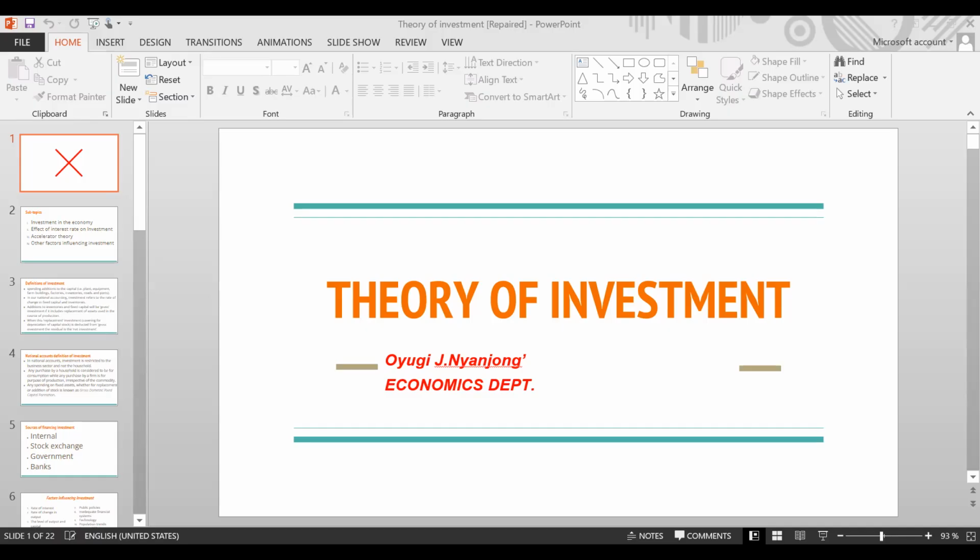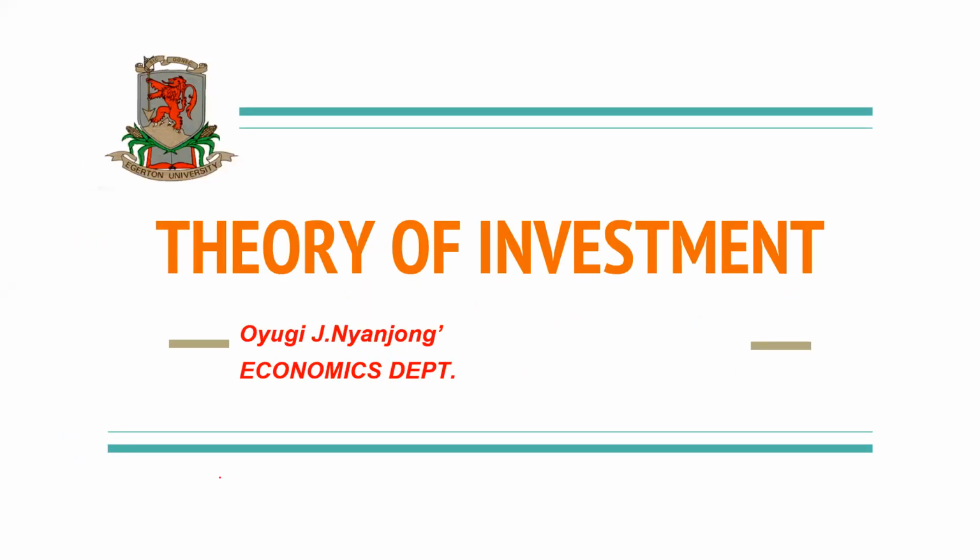We begin on a new topic today: theory of investment. As I've been telling you, we are still on that theme of following up on the components of aggregate demand or national income, as we were given by that man called John Maynard Keynes.